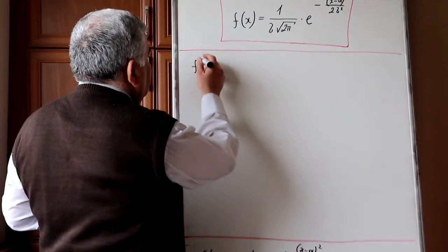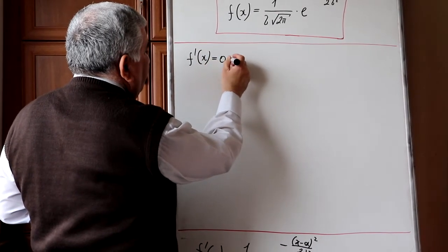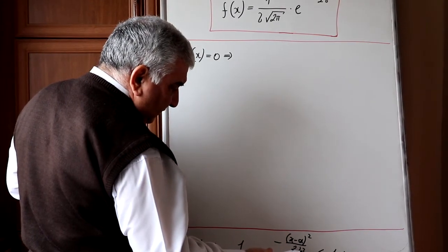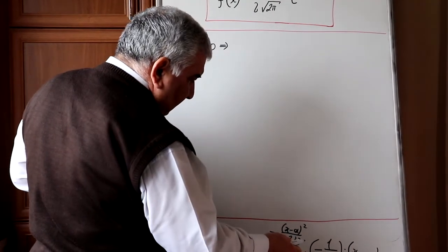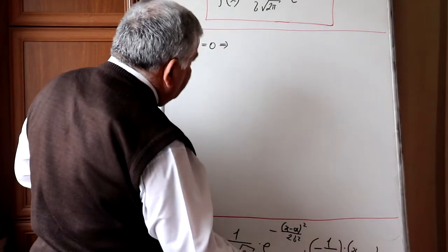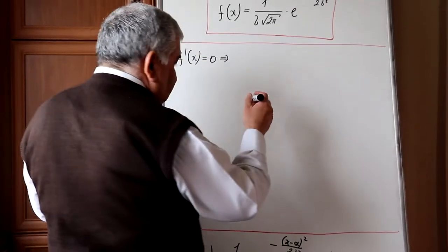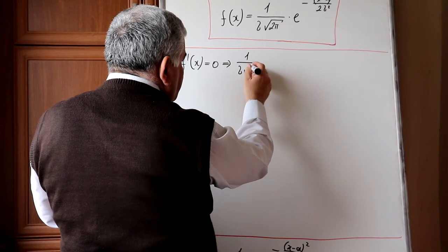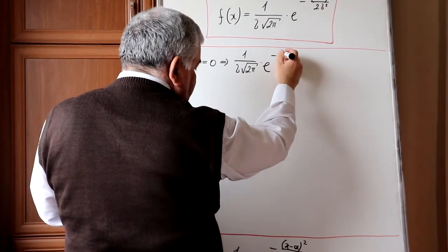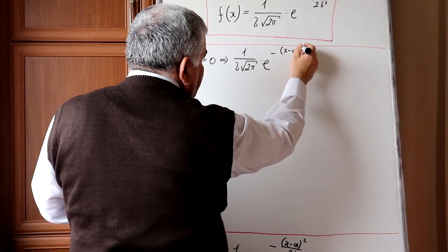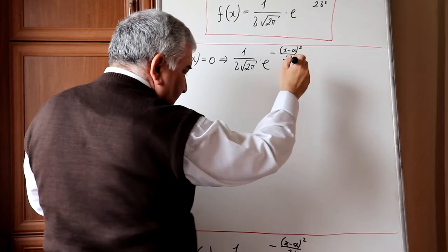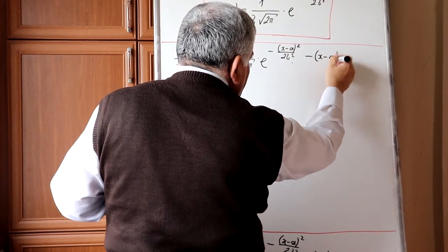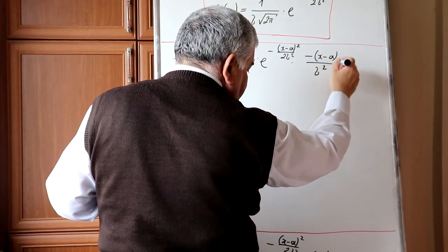If f prime of x is 0, then the expression also is equal to 0, and we have that 1 over sigma multiplied by square root of 2 pi multiplied by e raised to minus x minus a squared over 2 sigma squared multiplied by minus x minus a divided by sigma squared is equal to 0.